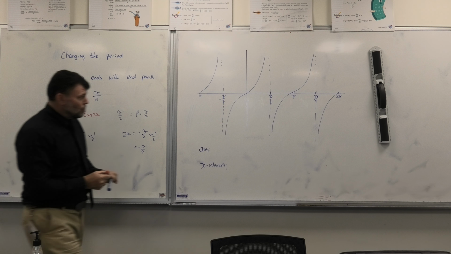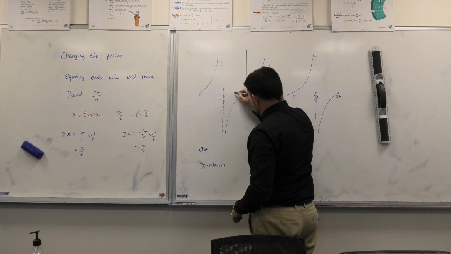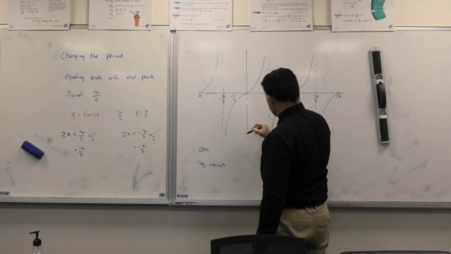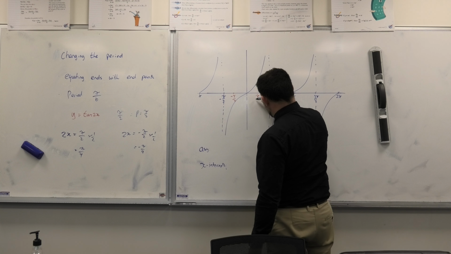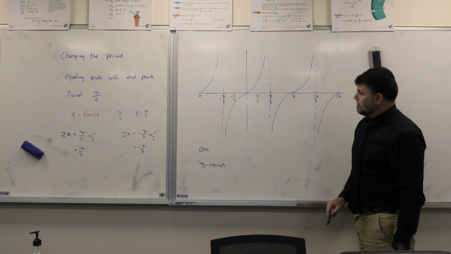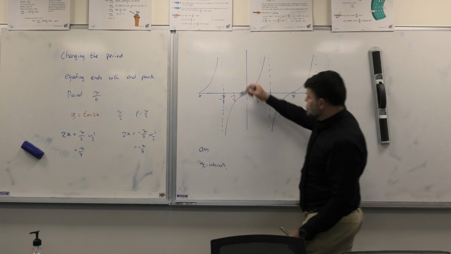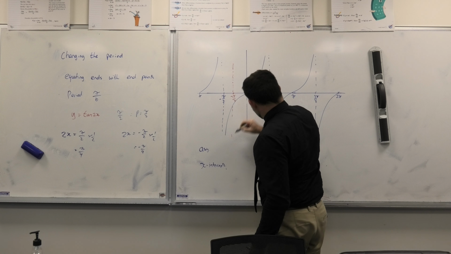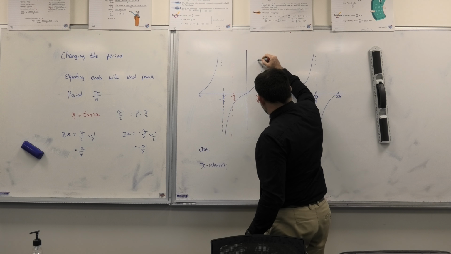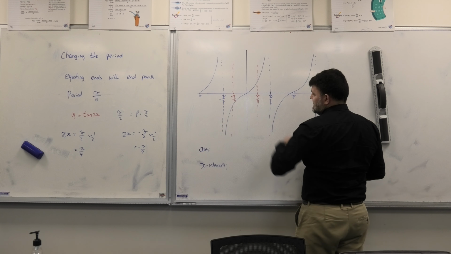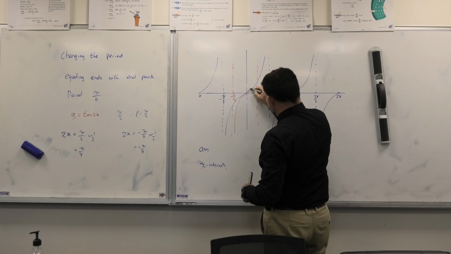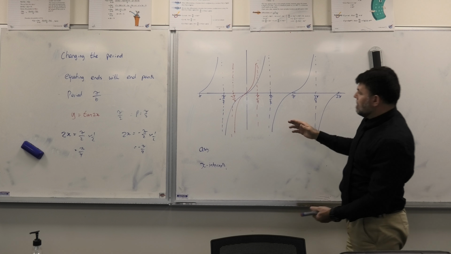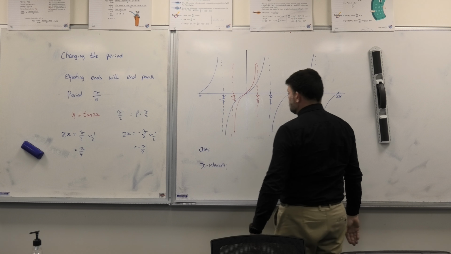So now we can say with calculations that negative pi on 4 and positive pi on 4 are our new asymptotes. Notice that we're not changing the x-intercept here. It still comes through the x-intercept, except it's now going to be narrower.